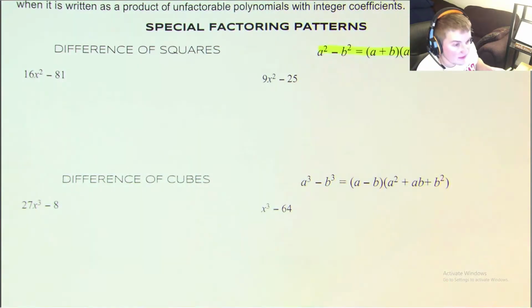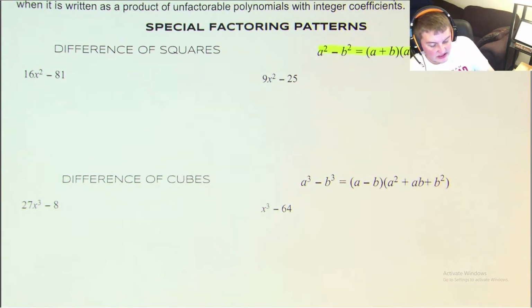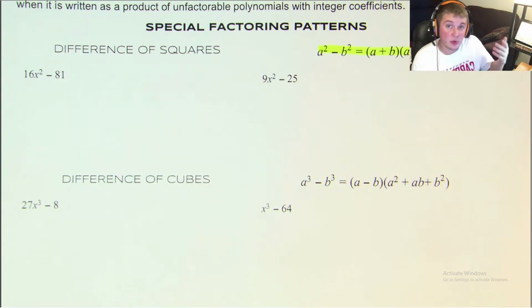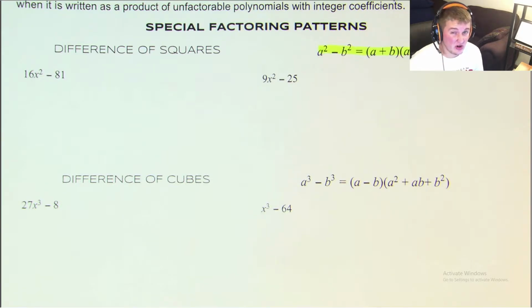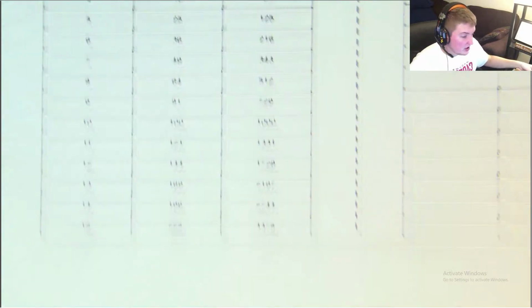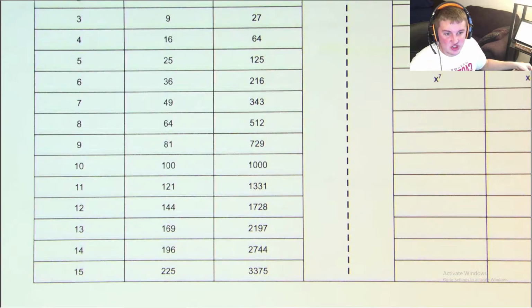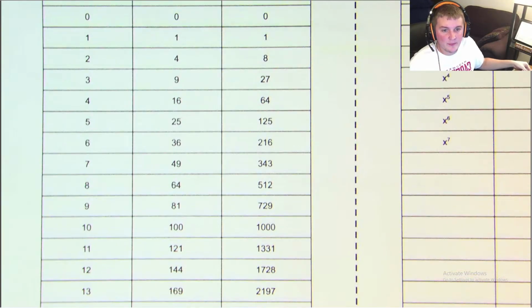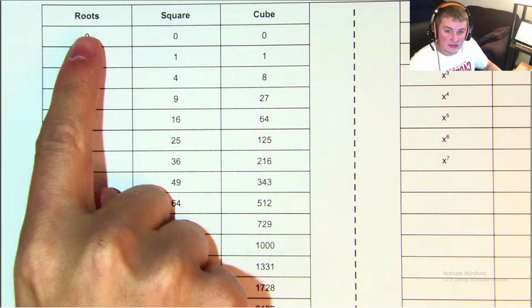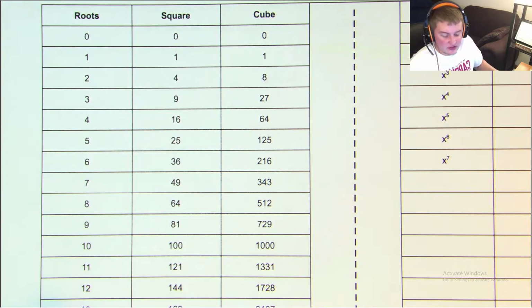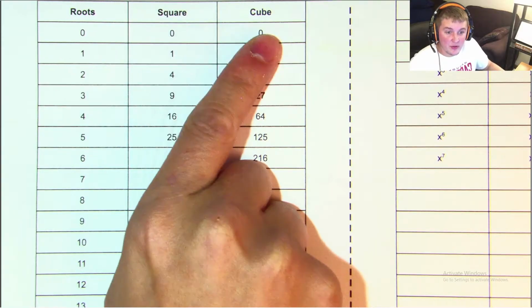It applies when you have a perfect square and you're subtracting a second perfect square, so you need to know what your perfect squares are. On the back of that same cheat sheet I have a list of all the roots. Just like your first 15 whole numbers, they're perfect squares and perfect cubes.